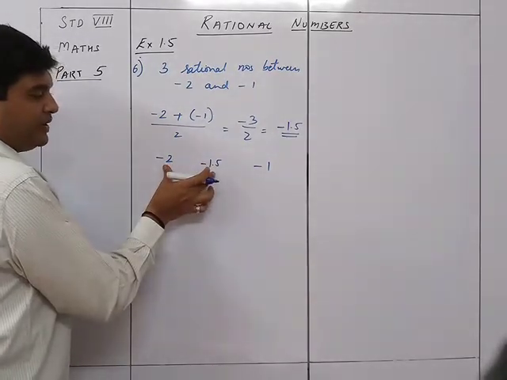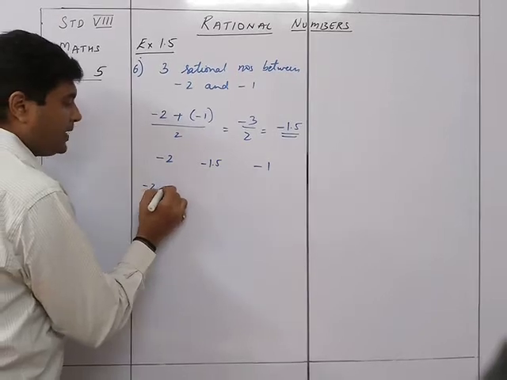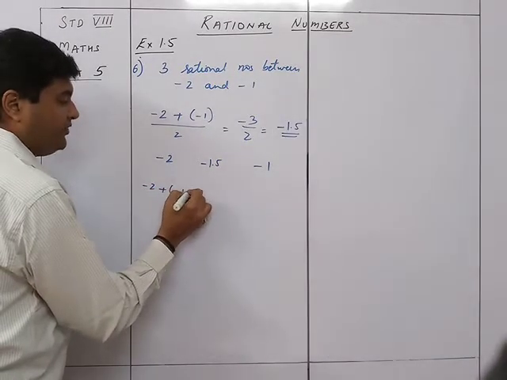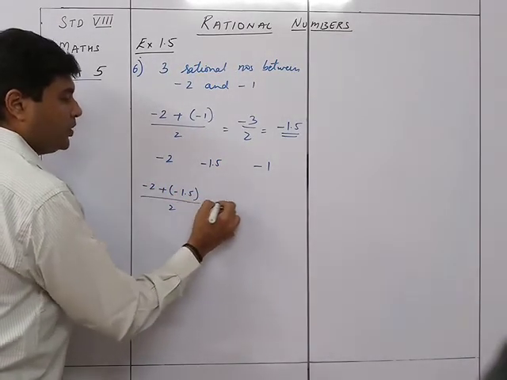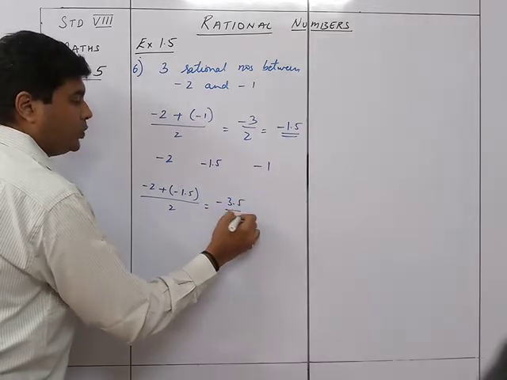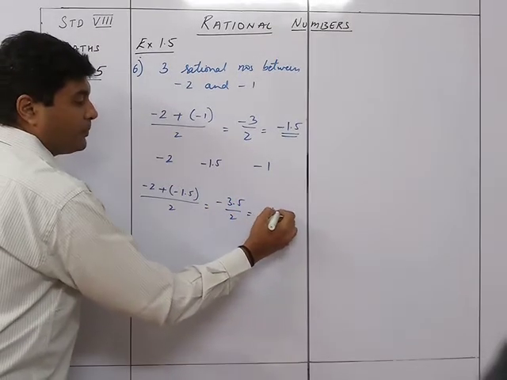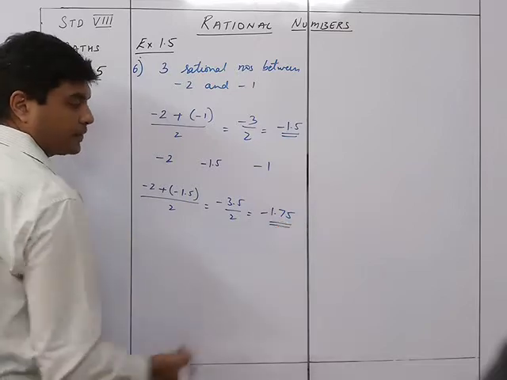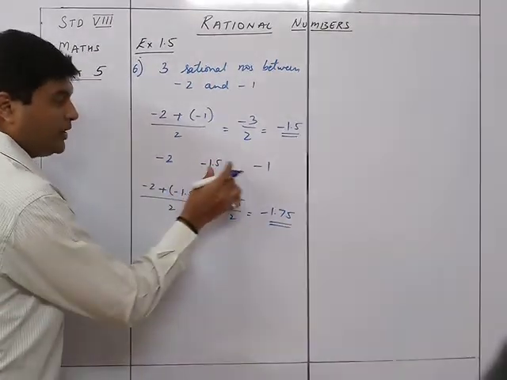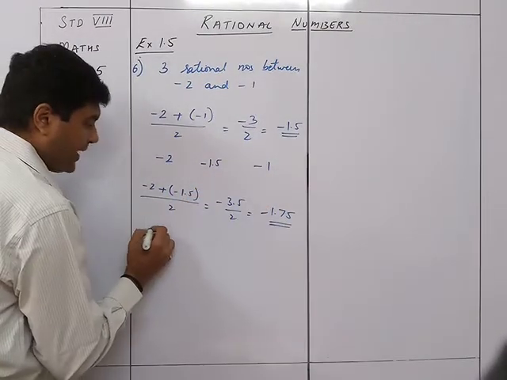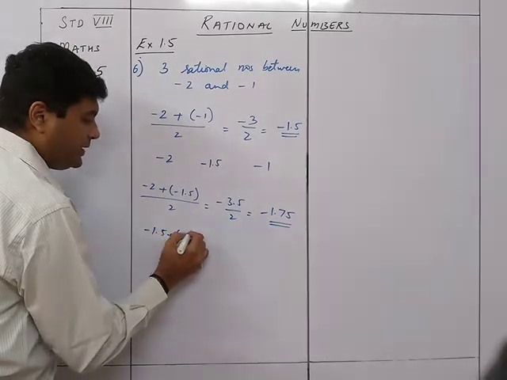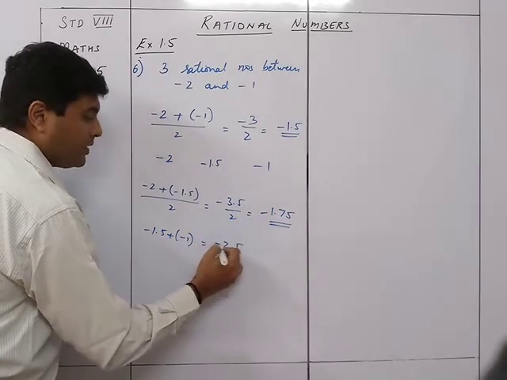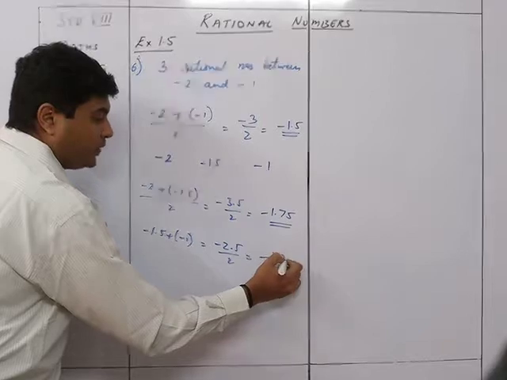Now you're going to take between these two. So it will be minus 2 plus minus 1.5 whole upon 2, which is minus 3.5 upon 2. That gives me minus 1.75. And similarly between these two, minus 1.5 plus minus 1 is minus 2.5 upon 2, which equals minus 1.25.